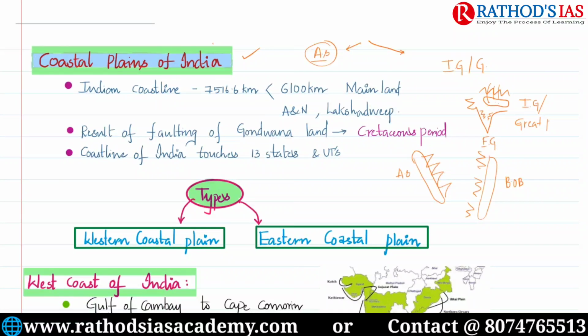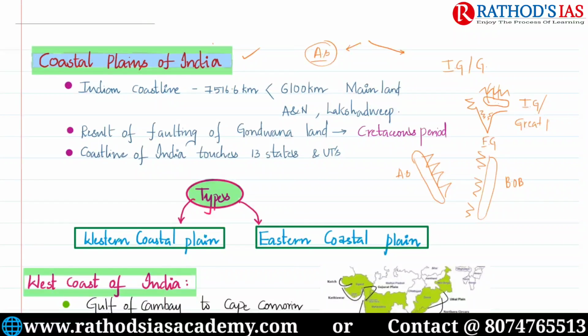So the difference is the location and also the formation of the Indo-Gangetic plain, which is different from the coastal plain. These are some important things that you have to keep in your mind. I hope you have cleared your doubt regarding the Indo-Gangetic plains as well as the coastal plains.